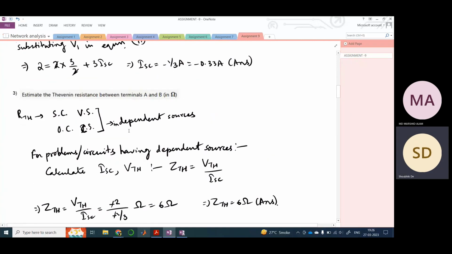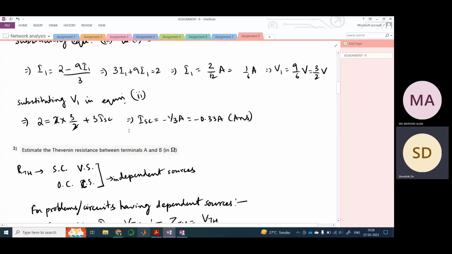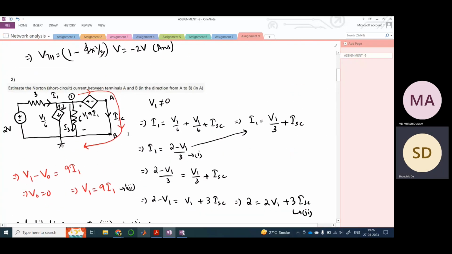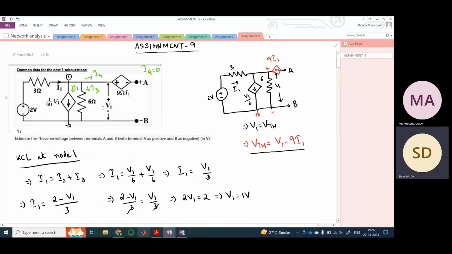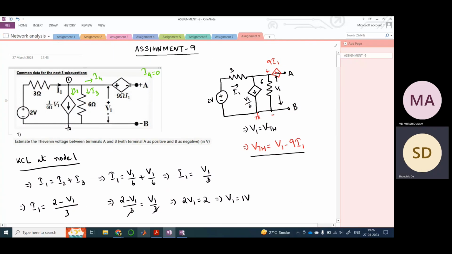And see, this will work provided, if you are told to calculate the Thevenin resistance across terminals A and B, right? Then you need to calculate the Thevenin voltage across terminals A and B, and also the Norton short circuit current across terminals A and B. Both these pairs of terminals should match.